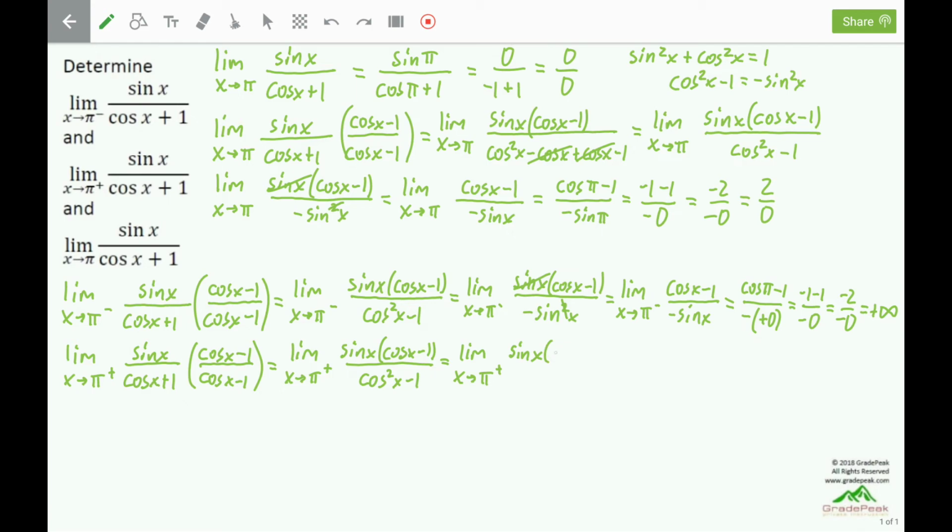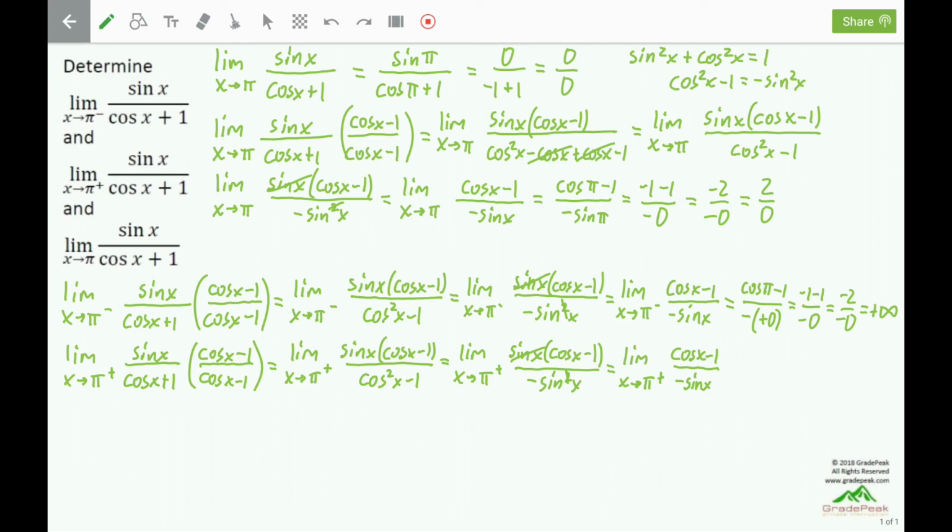The numerator will be left as is. The identity in the denominator becomes a negative sine squared of x, just like the left-sided limit above. The sine in the numerator can be canceled with one of the sines in the denominator, leaving cosine of x minus 1 divided by negative sine of x.